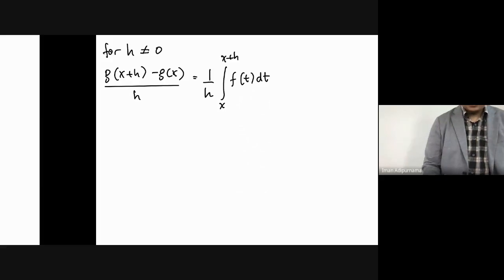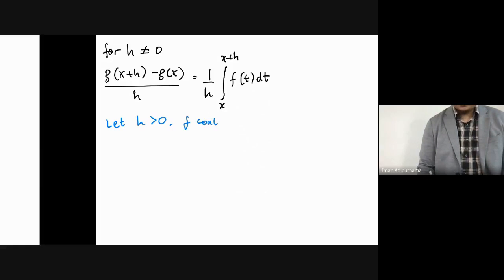So for h not equal to 0, G(x plus h) minus G(x), let's divide by h. This is also 1 over h times the integral from x to x plus h of f(t) dt. And let h be positive and f is continuous on [x, x plus h].